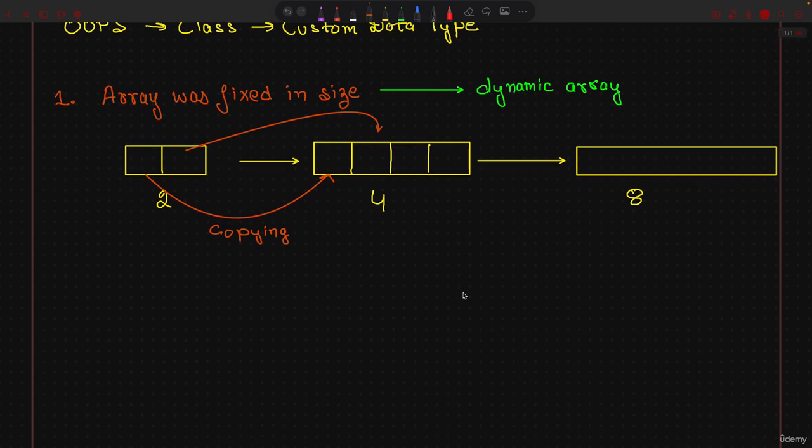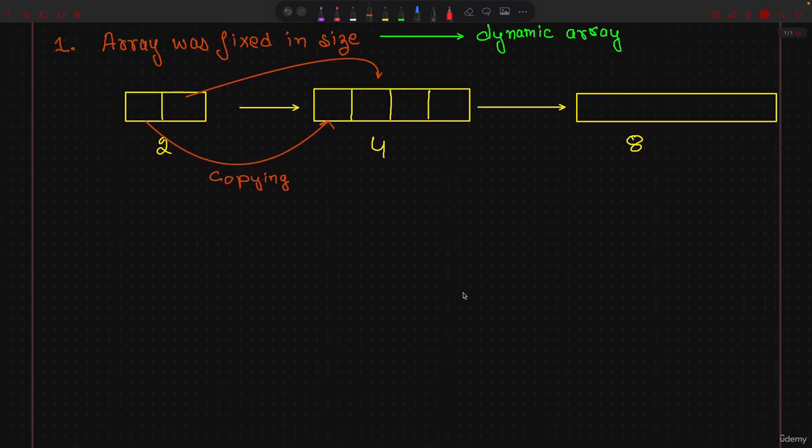The second thing was that arrays in general are homogeneous. That is, only a single type allowed. Okay, great.